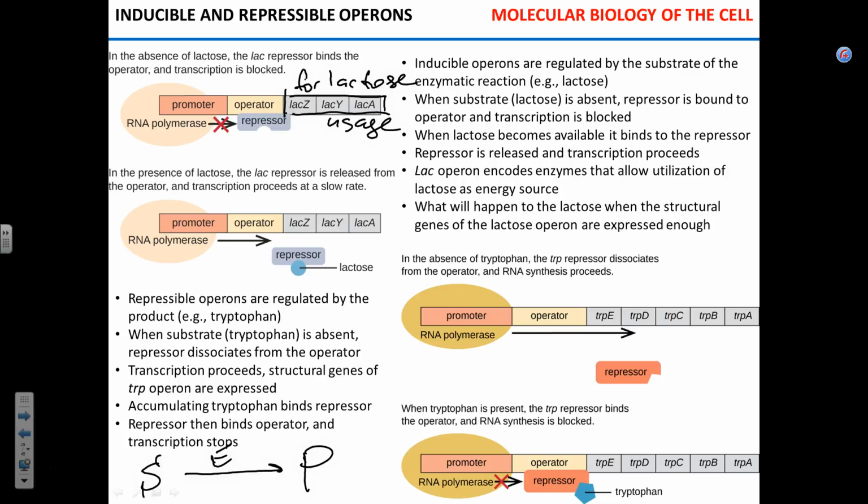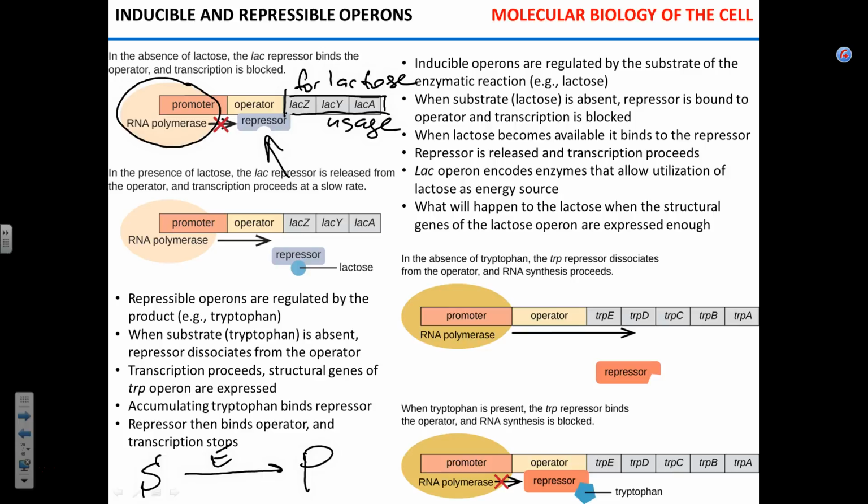Is that clear? Okay? So how can we prevent expression of those genes? We simply put repressor at the operator sequence. So RNA polymerase, although it can bind to the promoter, it cannot proceed with the transcription. Does that make sense?